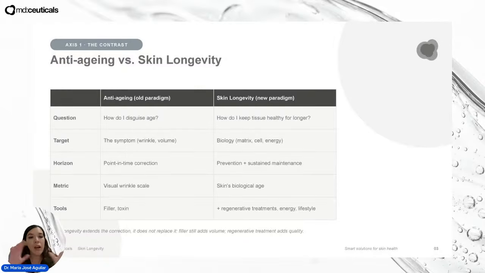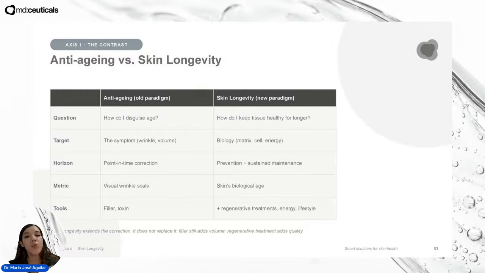Well, then after that, we also need to ask if the patient wants to do any correction to something that is previous to the aging process. I mean, if we are going to talk about the morphology of the nose, or the natural morphology of the lips, it's important to use the anti-aging protocols.